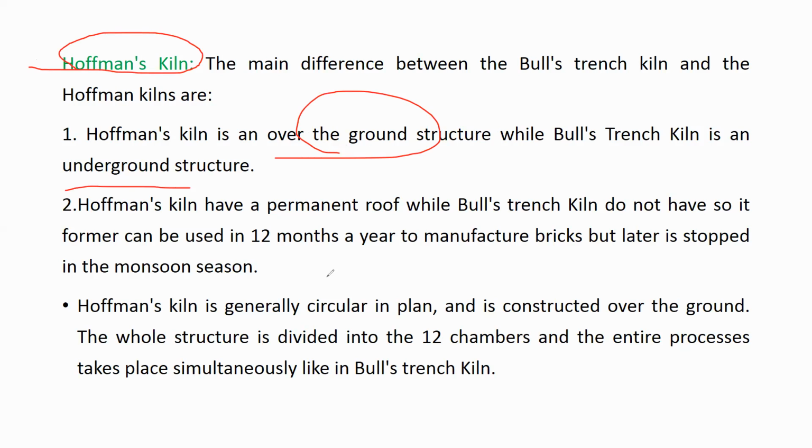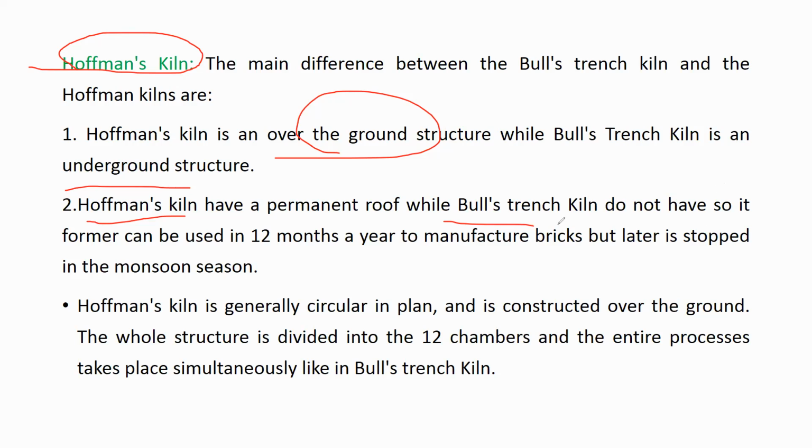Hoffman's kiln has a permanent roof, but the Bull Trench kiln has no permanent roof; it is underground. Hoffman's kiln is a building type of structure, a factory type structure, so it has a permanent roof.